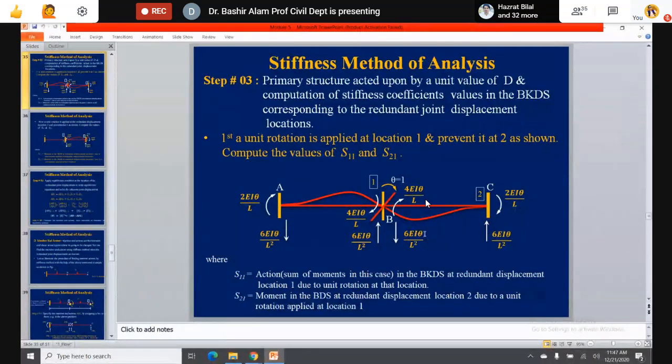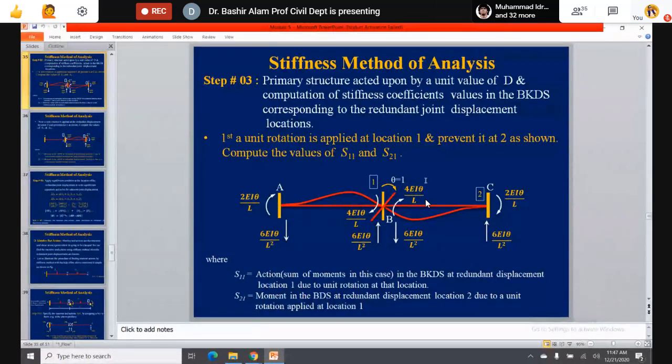So here you see now, 6EI theta divided by L square, and this is also 6EI theta divided by L square. And remember, this L is the BC span L, EI for the BC span, and theta is common as it is a rigid support and rigid member. So theta on the left will be equal to theta on the right because of the continuity.